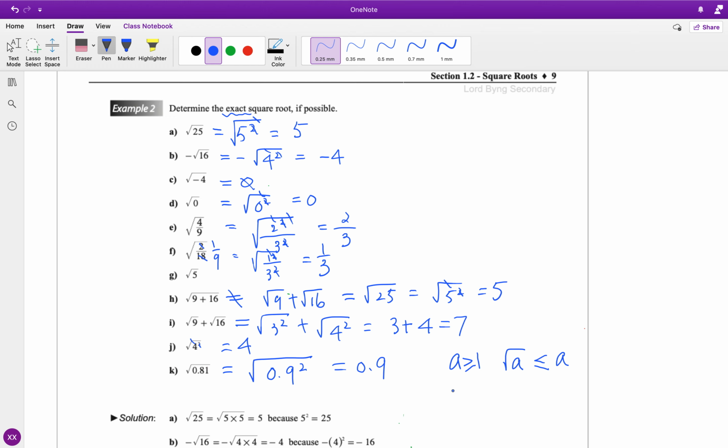However, if a is smaller than 1 and larger than 0, of course, because it has to be a positive number, then the square root of a, as a matter of fact, is larger than a.